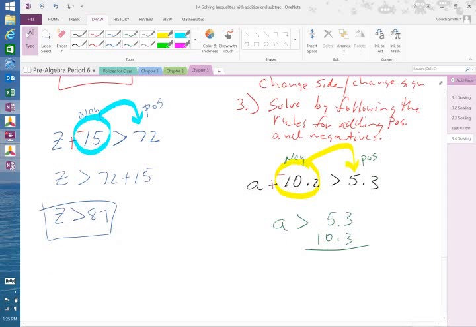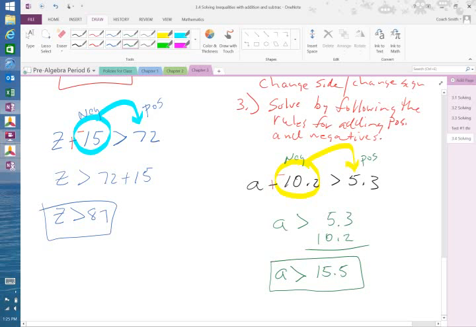That gives me A is greater than what, Josh? 15.5. Oh, okay. Thank you. I got 15.5. That is correct. A is greater than 15.5.